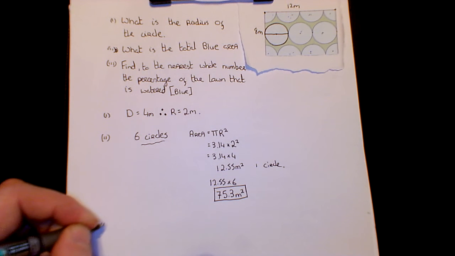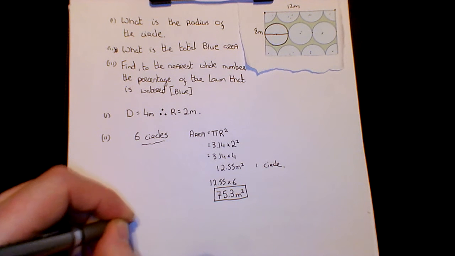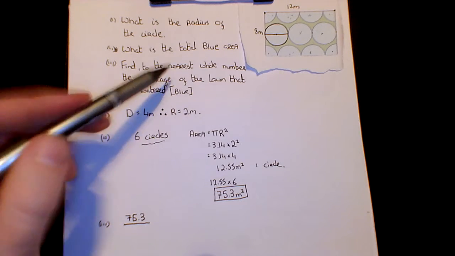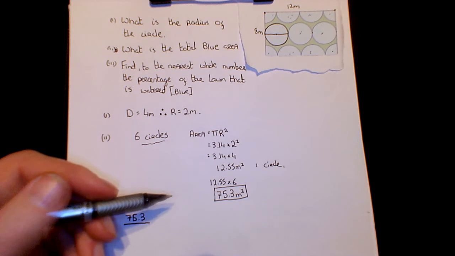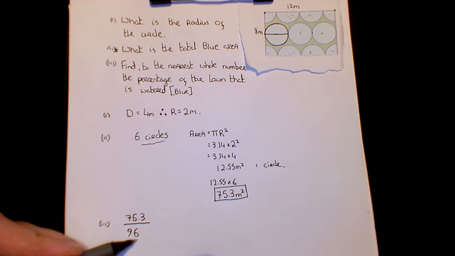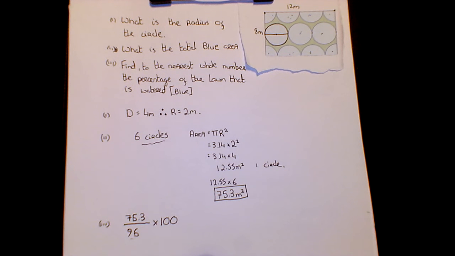And the last bit, question 3: find, to the nearest whole number, the percentage of the lawn that is watered. Well, first of all we put it as a fraction, so it's 75.3 all over the total area of the garden, the part that's watered over the total. So 12 multiplied by 8 is 96. Again, the bigger one is on the bottom, the smaller one on top, and we multiply that by 100.